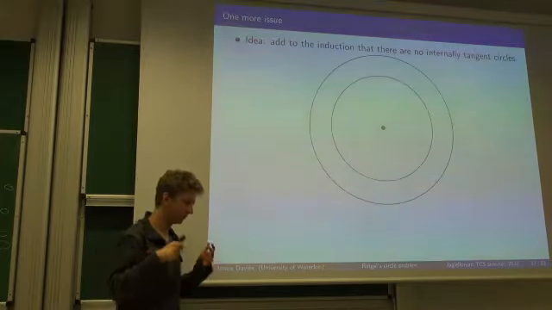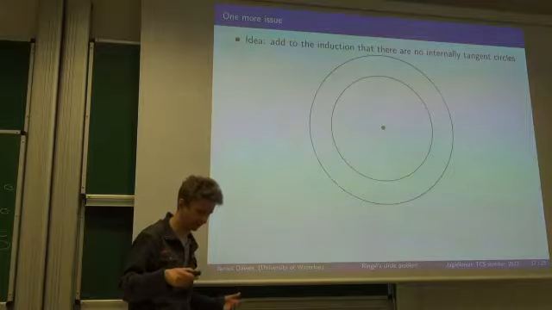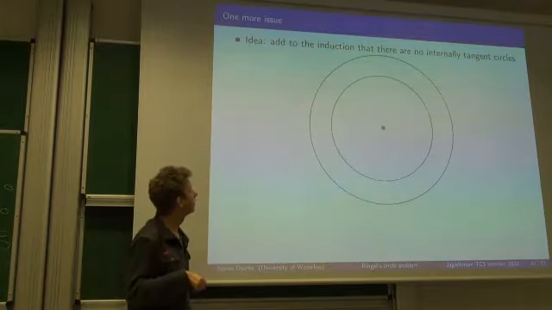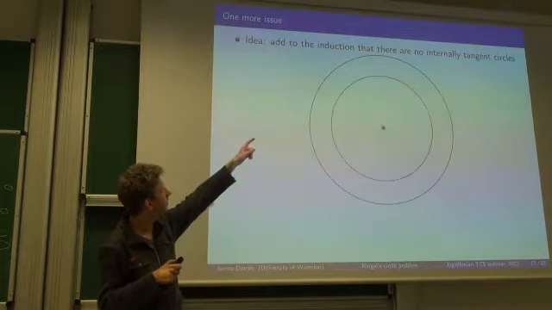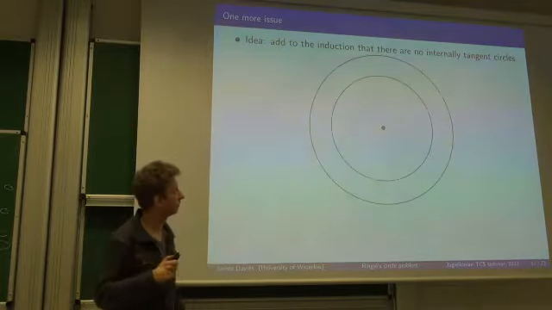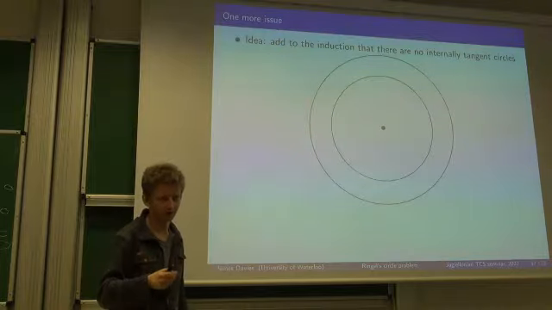So one natural thing to do here is to just throw this into our inductive argument. So the idea is we say that in the constellation that we're building with large chromatic number, we have no two internally tangent circles.